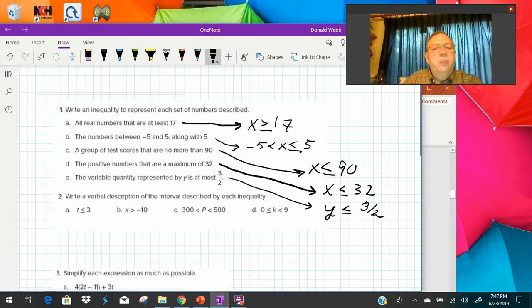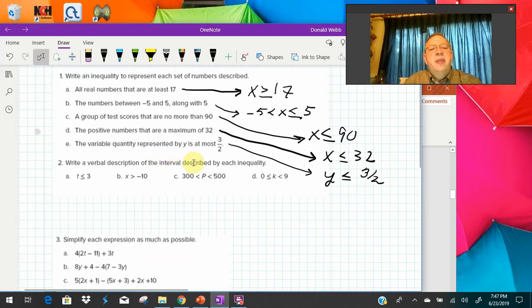So here's verbal descriptions. Write a verbal description of the interval described by each inequality. These are all the numbers t that are less than or equal to 3, at most 3. All the numbers x bigger than negative 10, so negative 10 as bigger than is always to the right.